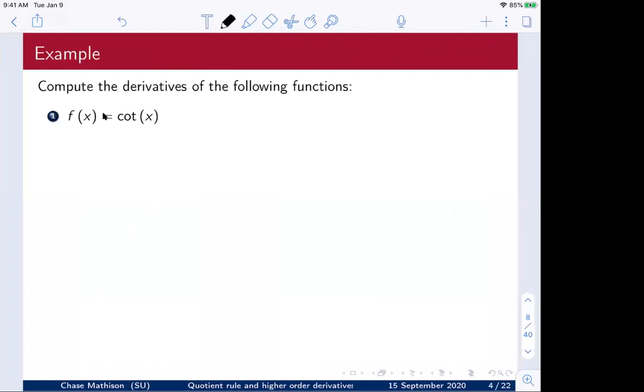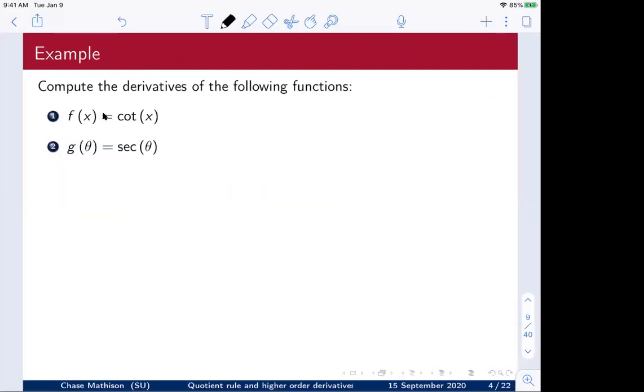And if you don't remember, the cotangent of x is 1 over the tangent of x, which is also equal to cosine of x over sine of x. So we're going to find this derivative.